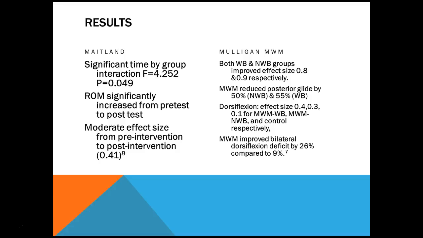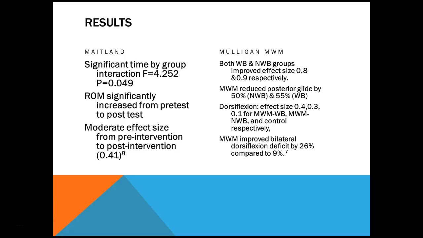They improved very well, from 0.8 to 0.9 respectively. Mobilization with movement reduced the posterior glide by 50% in the non-weight bearing, and it reduced the posterior glide deficit between limbs by 50% in the non-weight bearing and 55% in the weight bearing group.